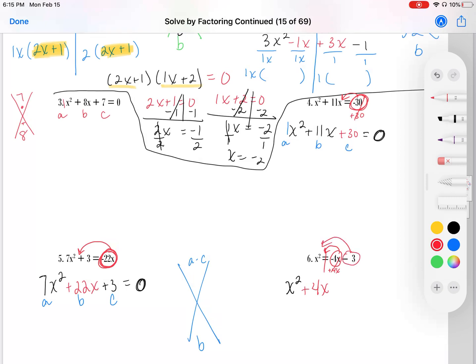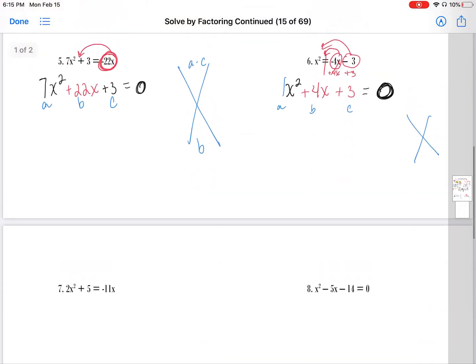We're going to move that guy over as well. To move a -3, we have to do the opposite, which is add 3. So we add 3, and now there's nothing left on the right, so now it equals 0. So we've got an A, which is a 1, a B, and a C. So when you're ready, try your X puzzle for number 6.